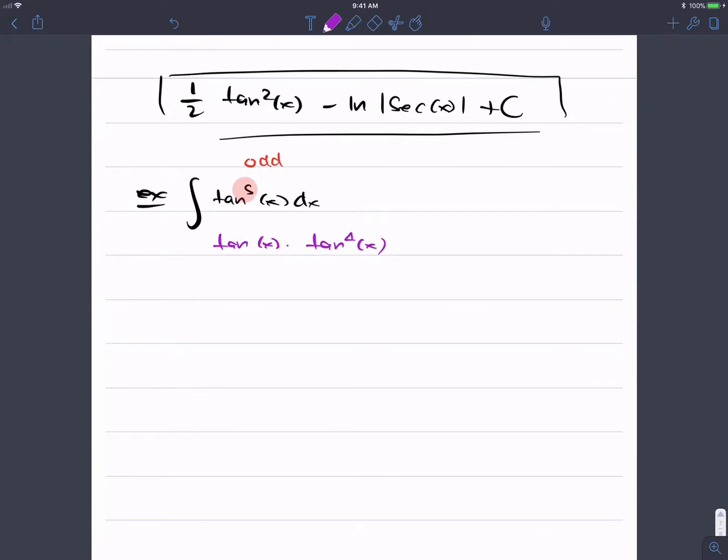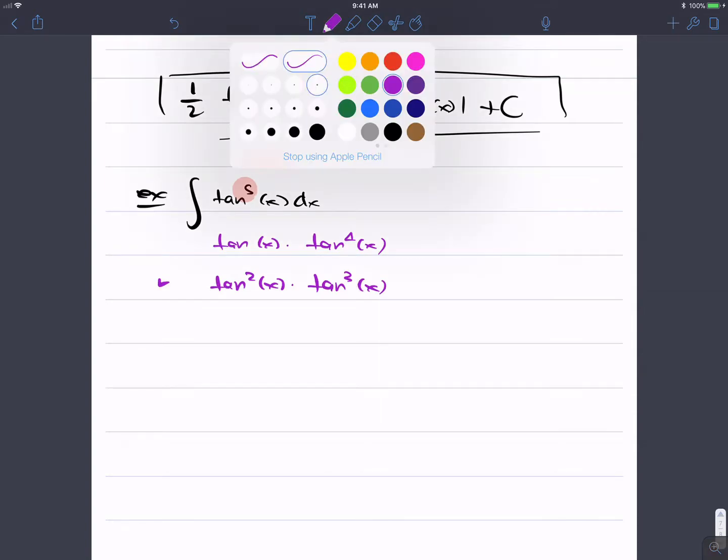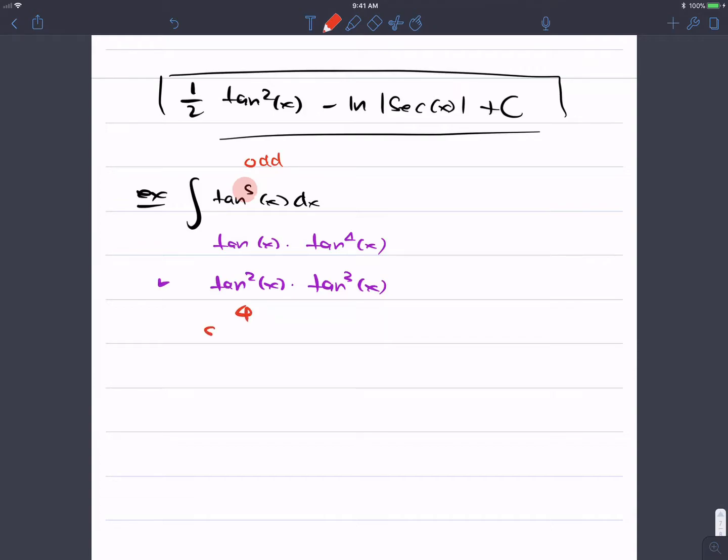I can also factor out, let's do another remark here, tangent squared, and that gives me tangent cubed. To show some sort of pattern for you, I'm going to go with this second version. I'm going to replace my tangent squared with the Pythagorean identity, secant squared minus 1.